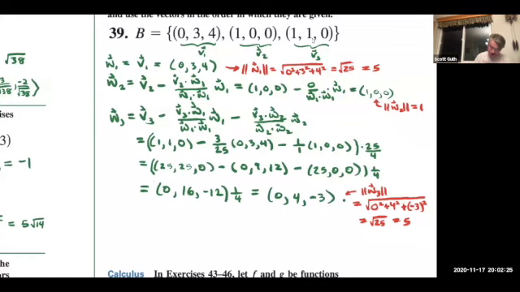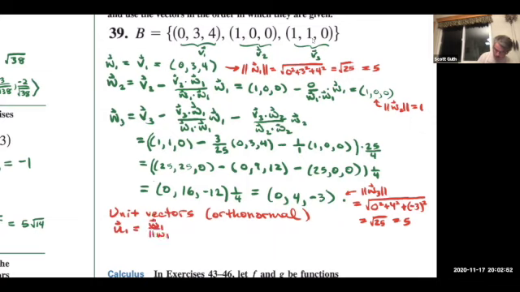So I think I'll call my unit vectors u1, u2, and u3. So for the unit vectors, which are our orthonormal set, I'm going to go ahead and say u1 is going to be w1 over the magnitude of w1, like that.